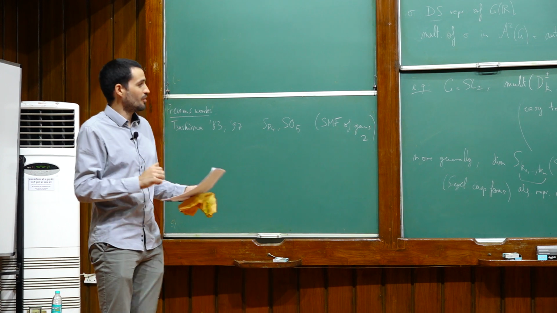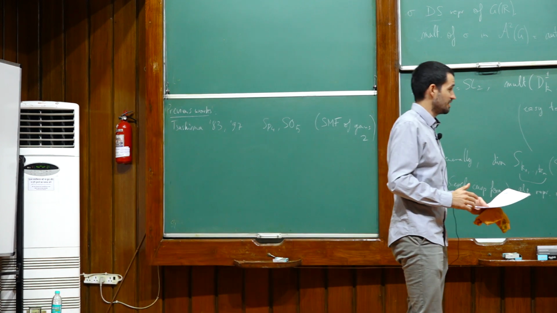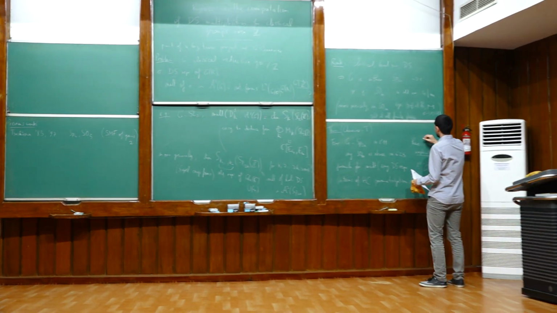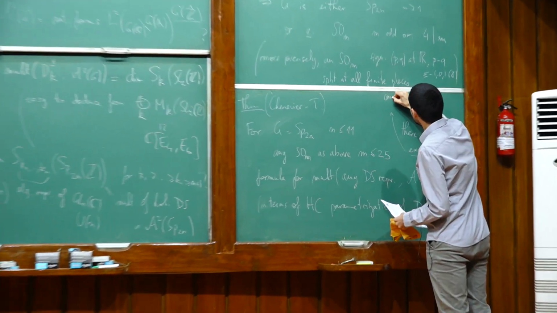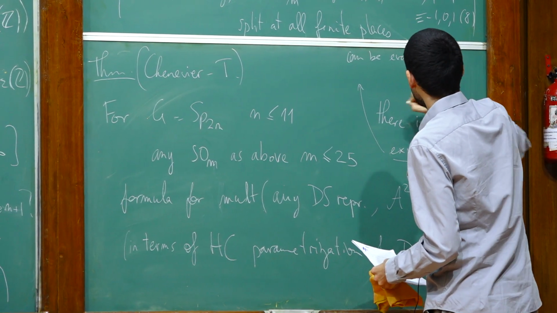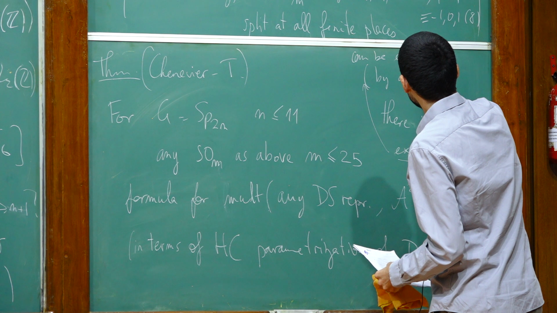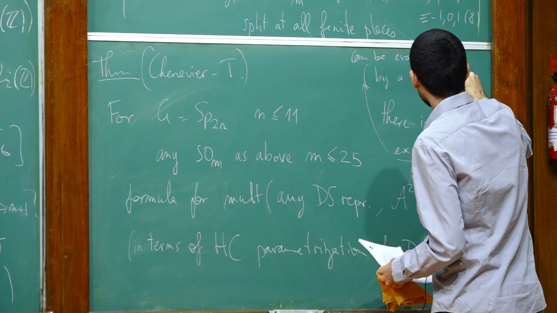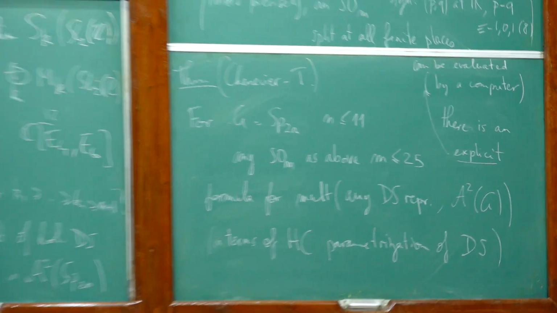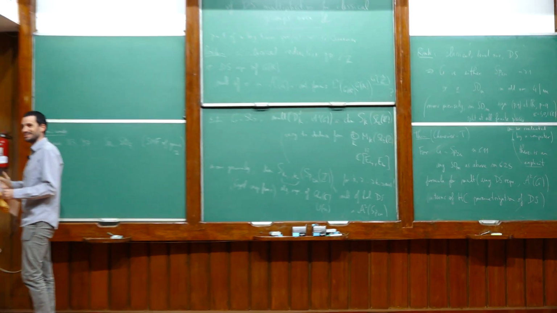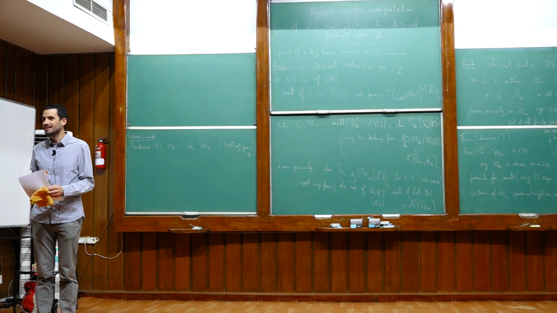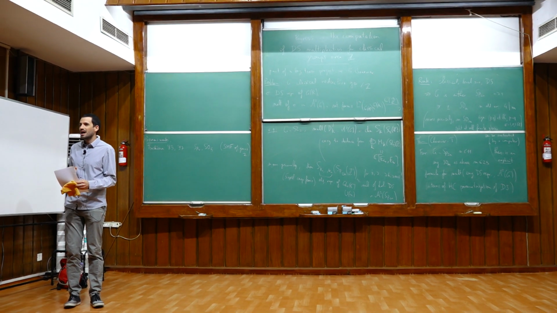Yeah. Also, here the interest is to have an explicit formula. So explicit means that it can be evaluated, and I'm going to add by a computer because, for example, Tsushima's formula is half a page already. Right.